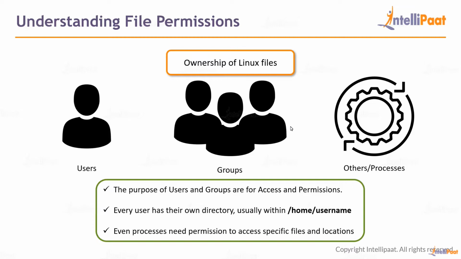And finally, others and processes. A process might require a particular file to work on, so that process should be given permission to use that file. So these are the three different types of owners.